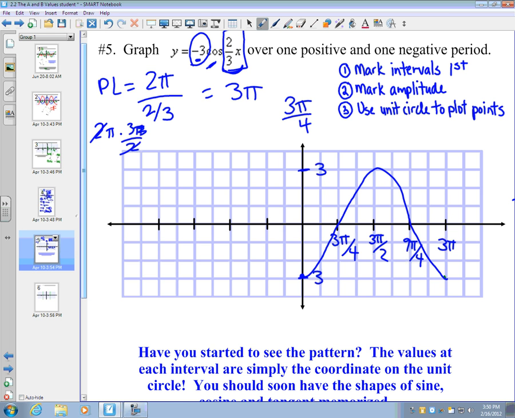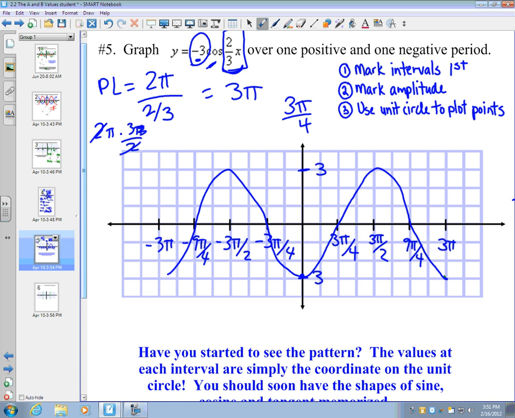Okay, now it would just be symmetrical here. So just follow in that same pattern. See if I can butcher it.